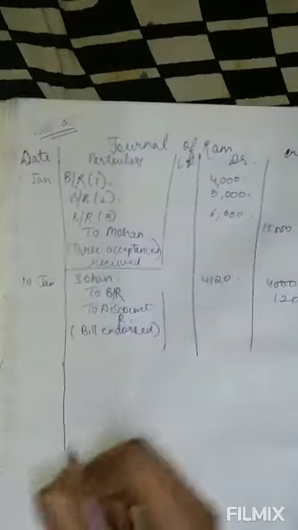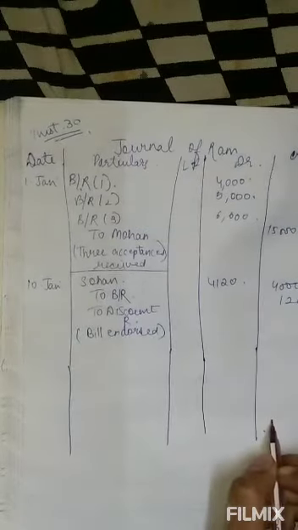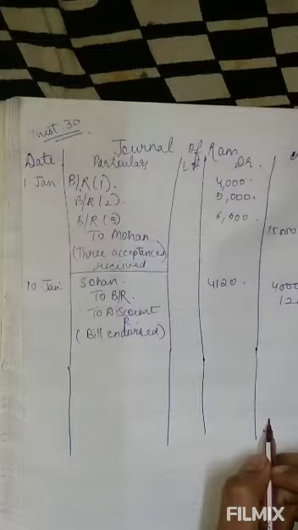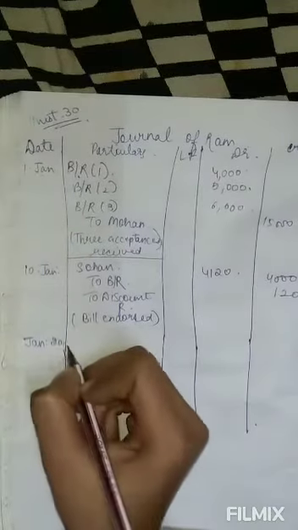Okay. After that, in the question it is given that on 20th January the second bill was discounted from the bank and this bill was dishonored on the due date and paid 40 as noting charges. So first of all we will discount the bill from the bank.